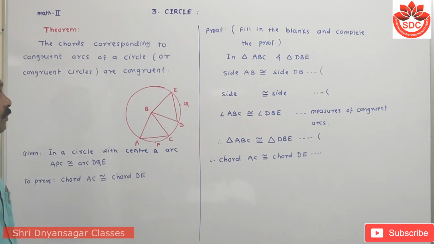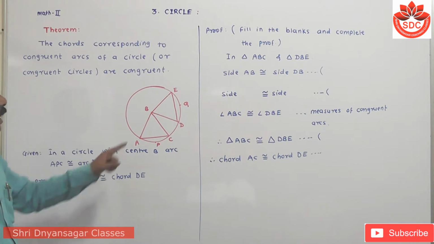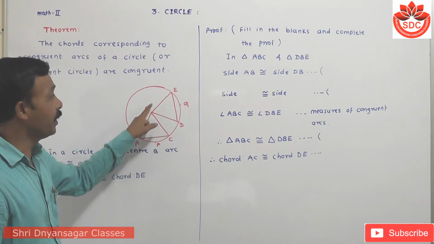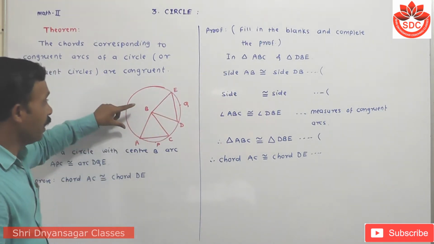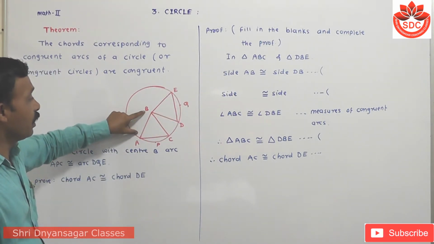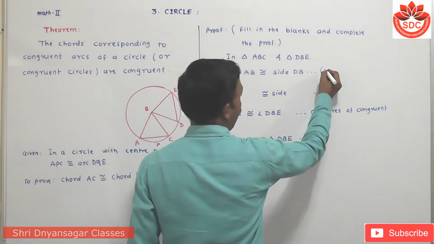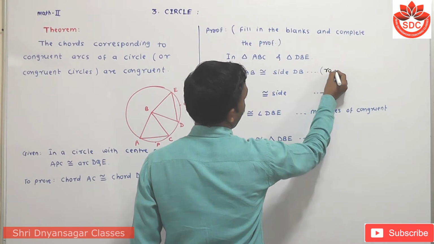This is an activity type theorem. Here, in triangle ABC and triangle DBE, segment AB is congruent with segment DB. This is the radii of same circle.